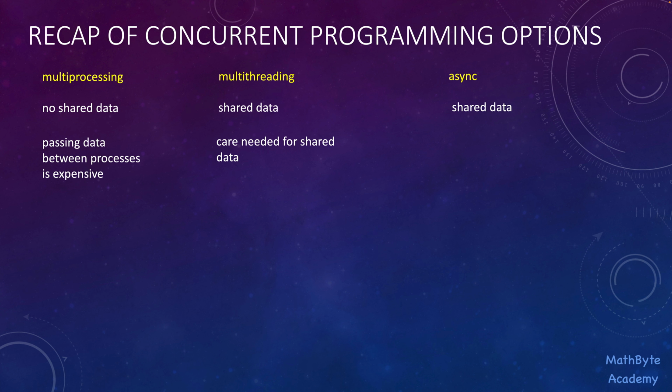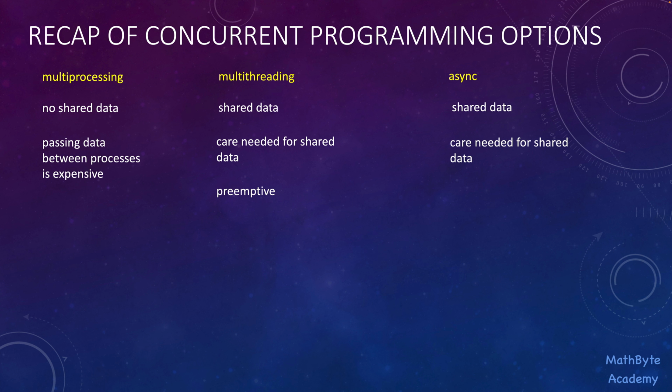But on the other hand, with multithreading and async, we need to worry about shared data. And some of the problems that I showed earlier with shared data and multithreading, you can also run into similar situations with async as well. So you always need to be really careful when you're accessing global variables, essentially.